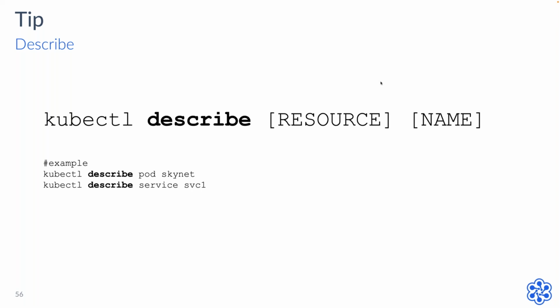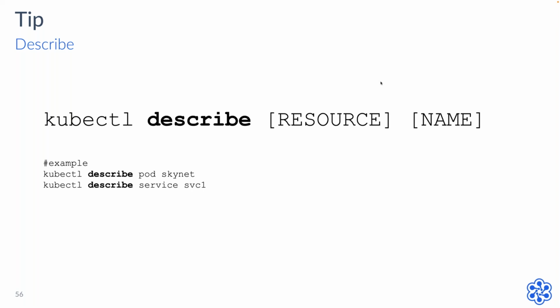In the example shown here, I've got kubectl describe, and I'm describing a pod named Skynet. This will bring up a lot of metadata about that particular pod, and at the bottom of the output will be an events section that will show you all of the relevant events for that pod.